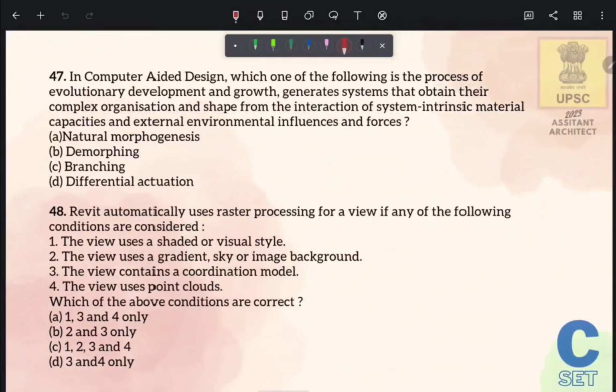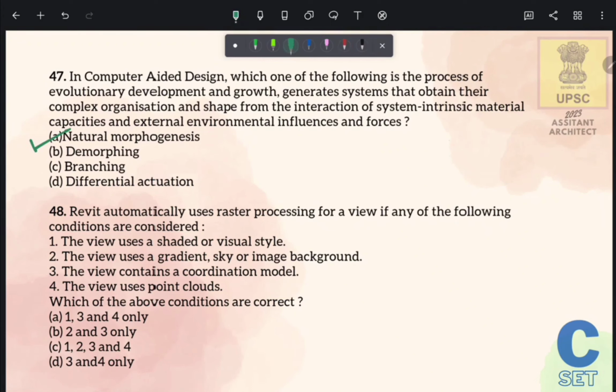Let's see next question. In computer-aided design, which one of the following is the process of evolutionary development and growth? Generates systems that obtain their complex organization and shape from the interaction of system intrinsic material capacity and external environment influences and forces. So this process is known as natural morphogenesis.